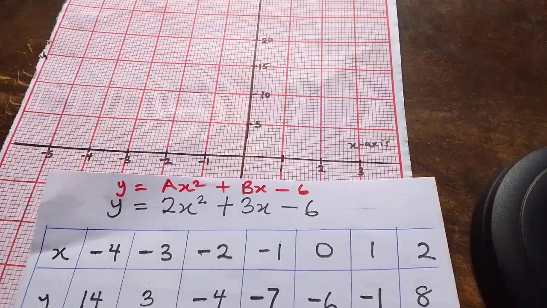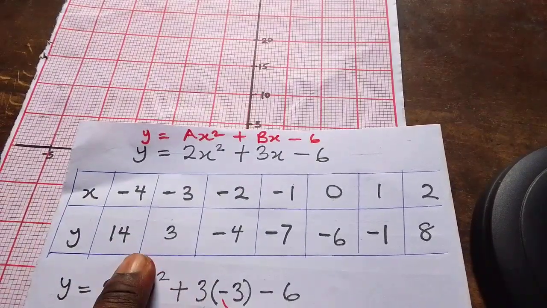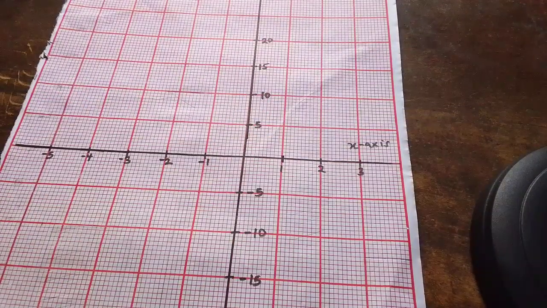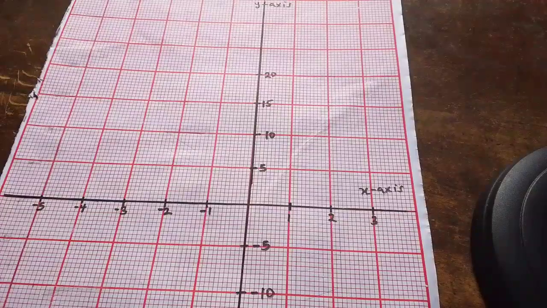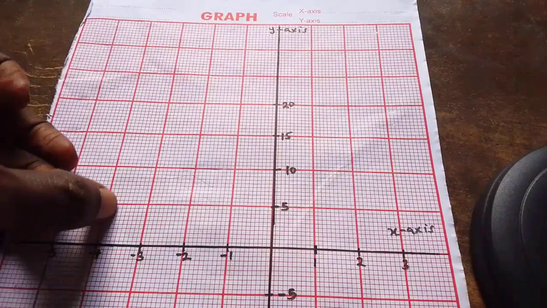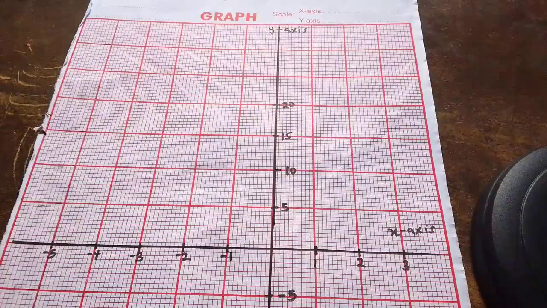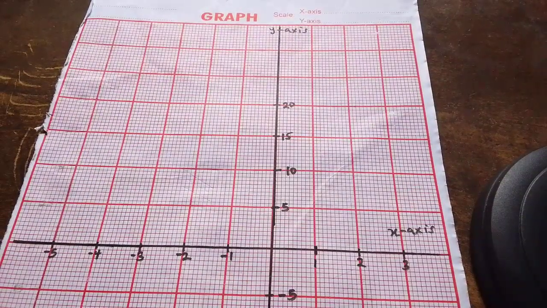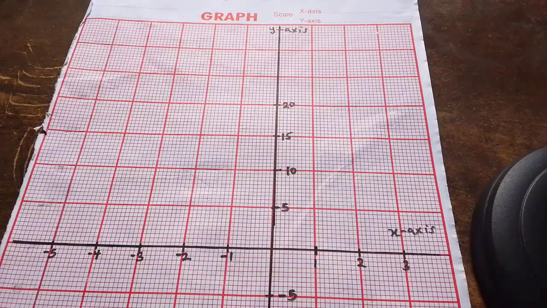We are told that when x is minus 4, y is 14. How are we going to get 14 on y? When x is minus 4, this is minus 4 on x, y is 14. On the y-axis, we were told that 2 cm is equal to 5 units.